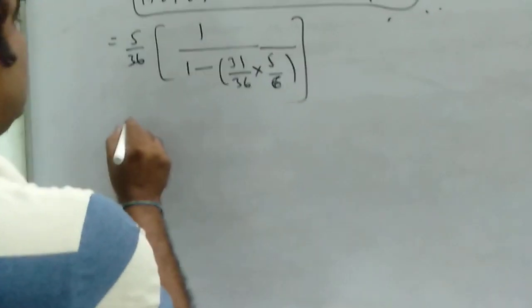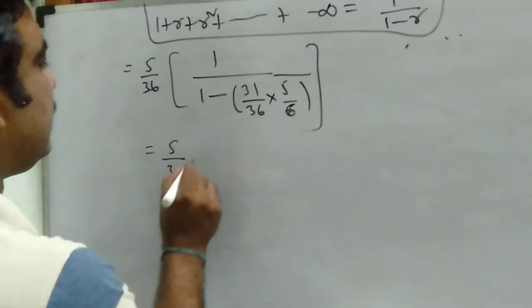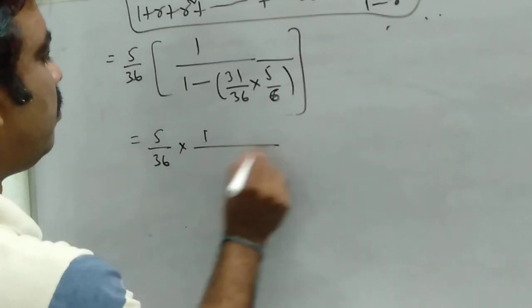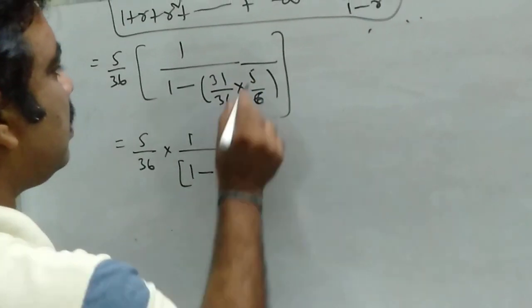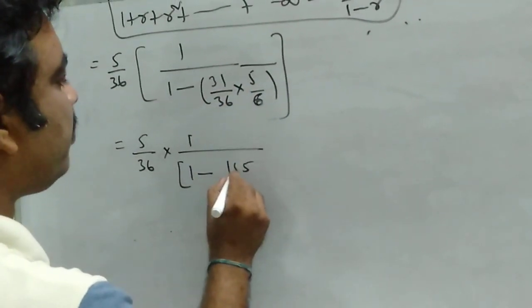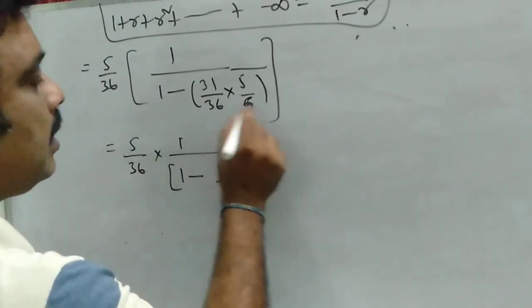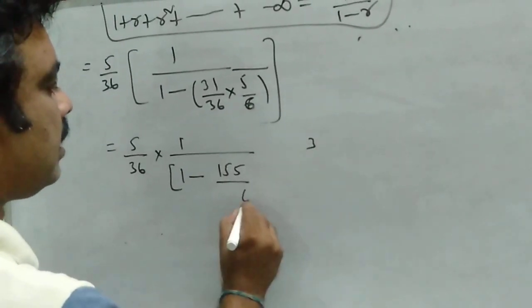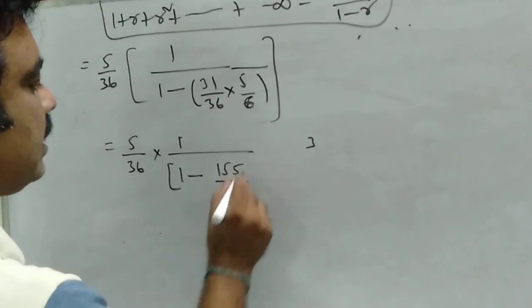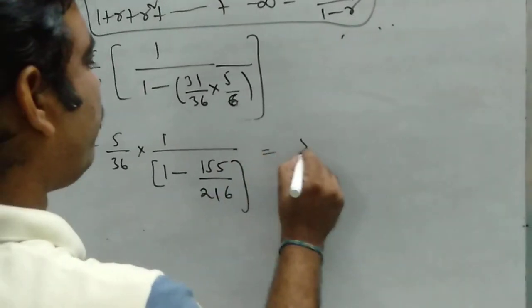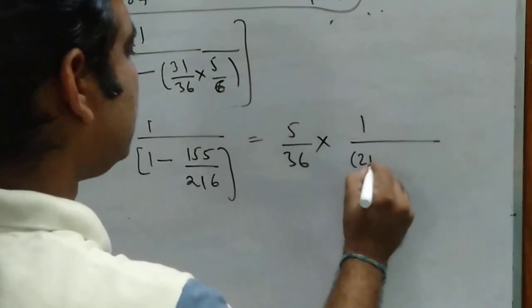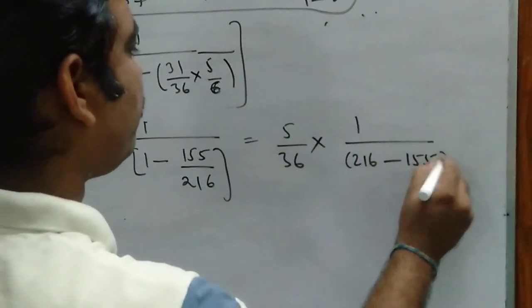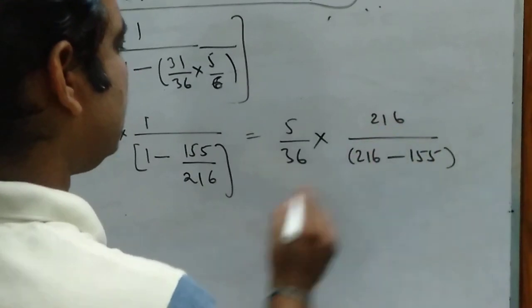So it is 5 by 36 into 1 by 1 minus, here it is 1, 5 ones are 5, 5 threes are 15, 155 by 36 sixes, 6 sixes are 36, 216. So this is equal to 5 by 36 into 1 by 216 minus 155 by 216.